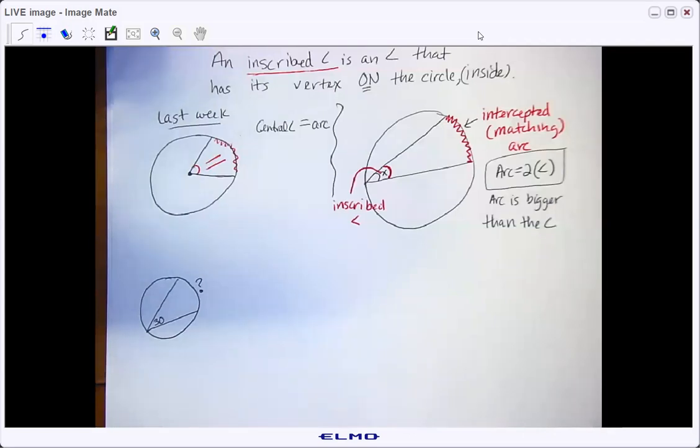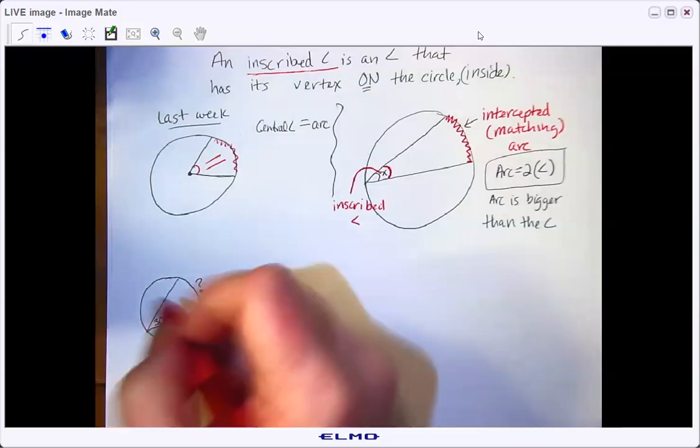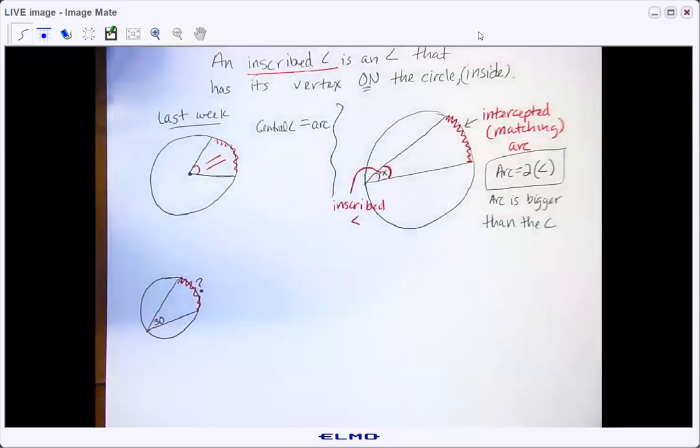Okay, so far everybody's got it correct in the chat box. Good. A few more, guys. What do you think? And the question is, how big is the matching arc for that angle? Good.